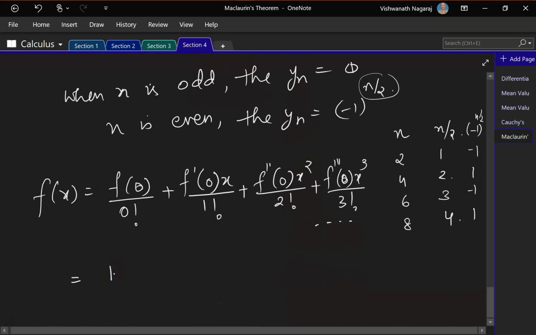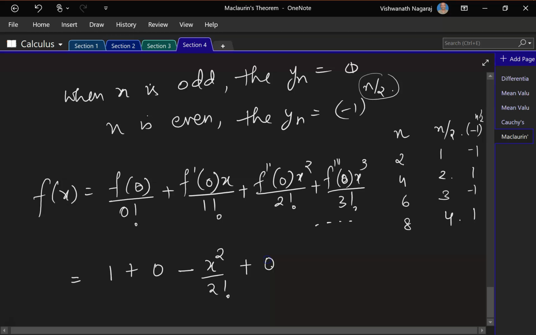0 factorial is 1, plus 0, plus f double prime is x square by 2 factorial, and this becomes minus 1 to the power of 2 by 2. So these two get cancelled, which means we can make this as minus and we can remove this.